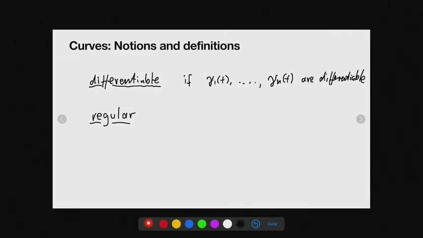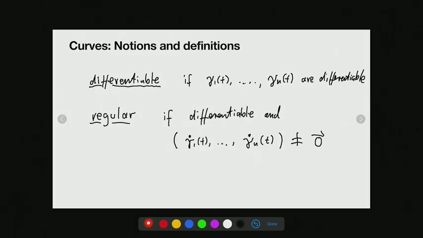A curve is called regular if it is differentiable, and in addition to that, we always have the following: the time derivative of the curve is never completely zero.